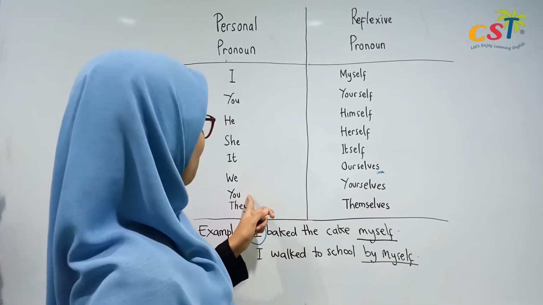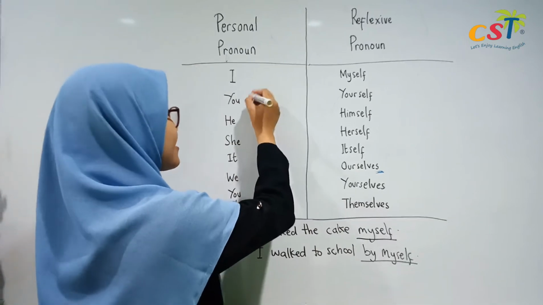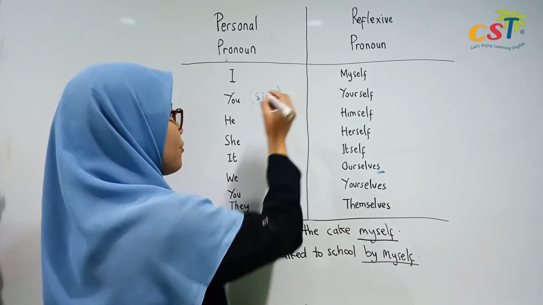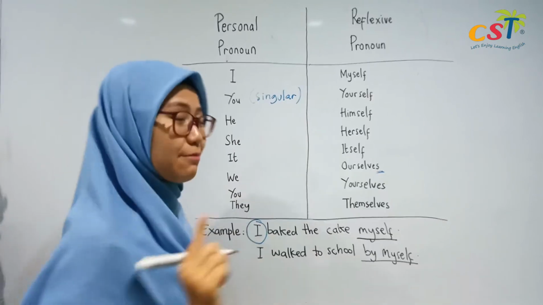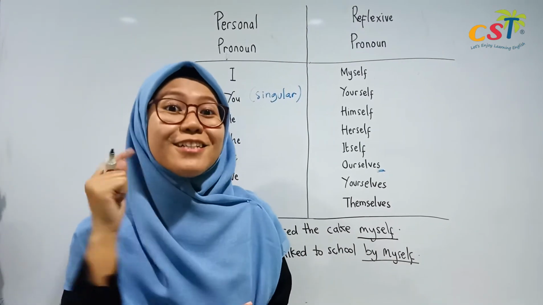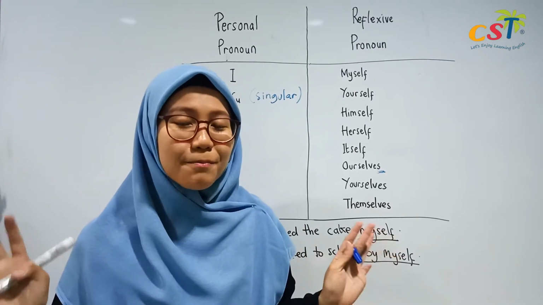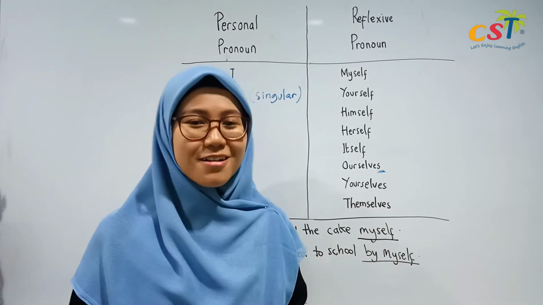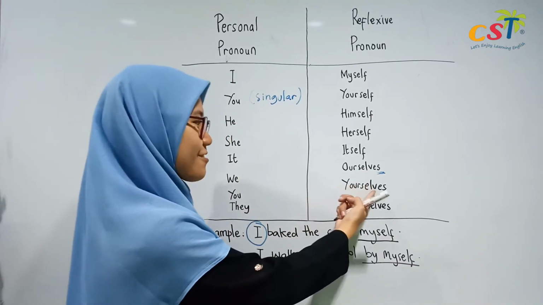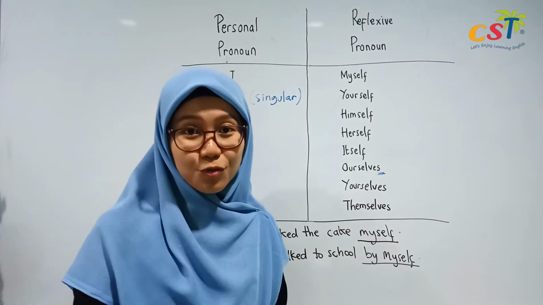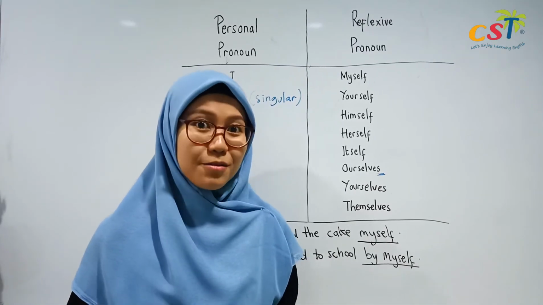And here, for you, there are two types of you. The first one is singular. For the singular you, it means I talk to one person, just to you. But when I talk to several people, like in the classroom, I talk to Davin, Darren, Marlon, so I use yourselves because I talk to you, but the people I'm talking to are more than one.